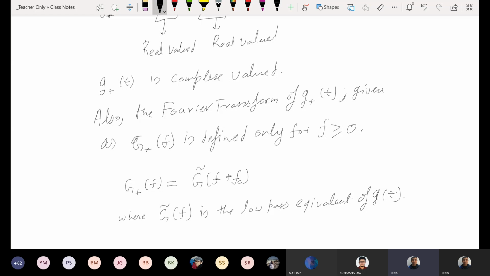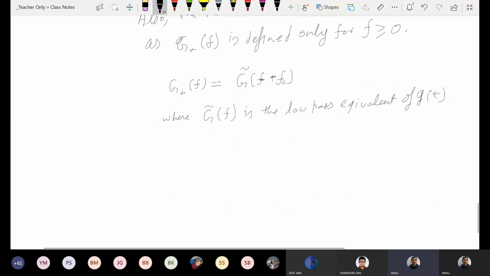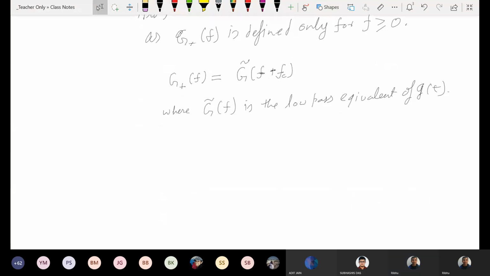So this is one other way to develop the complex low pass equivalent of a signal via the Hilbert transform.